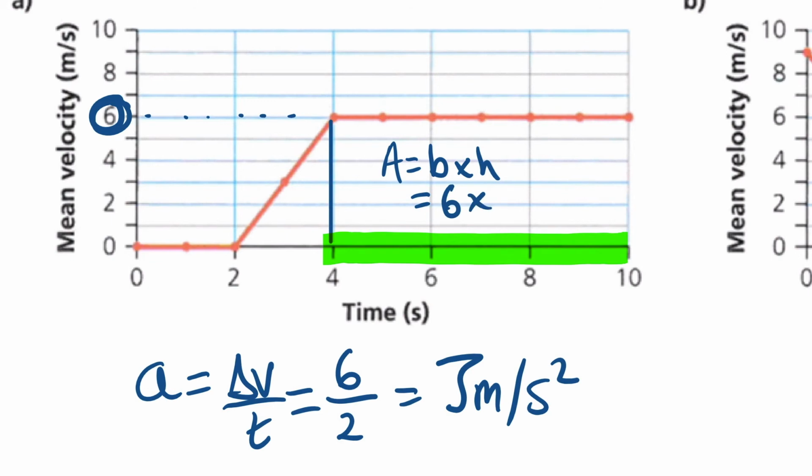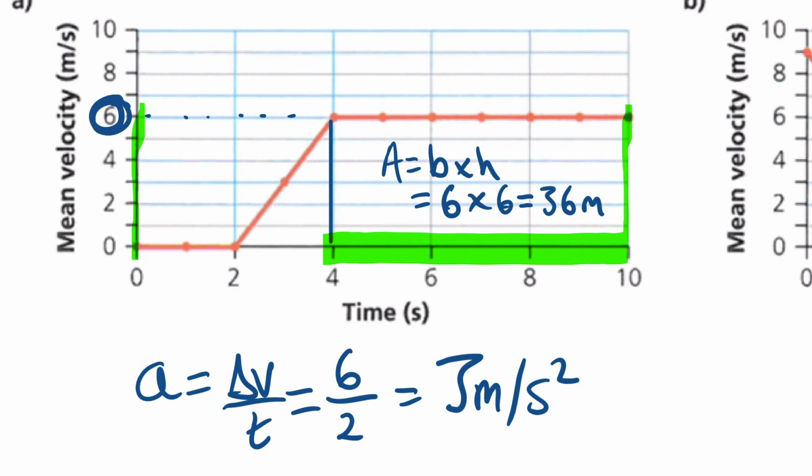The height is going from, we can do that on the axis here, it's going from 0 up to 6. You can show it there as well. And that then is the height of 6. So 6 times 6, 36. 36 meters travelled. So that's 36 meters travelled between 4 and 10 seconds.